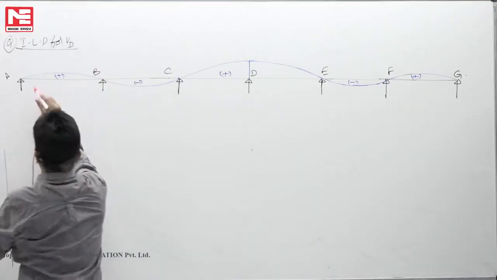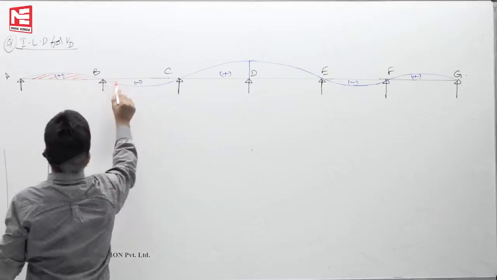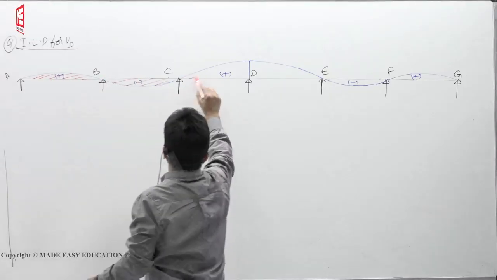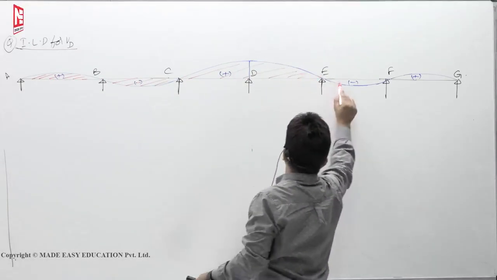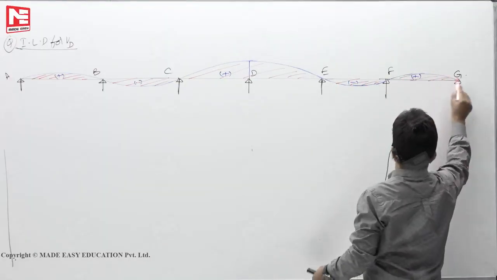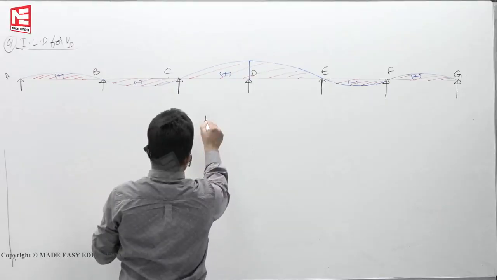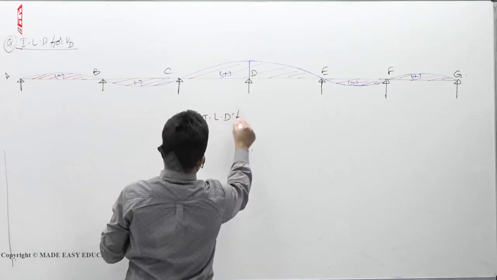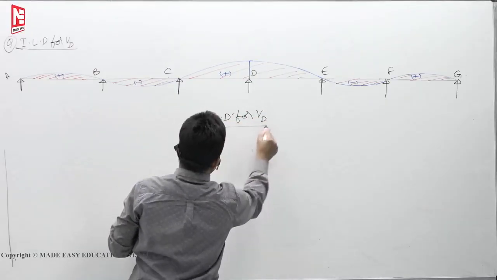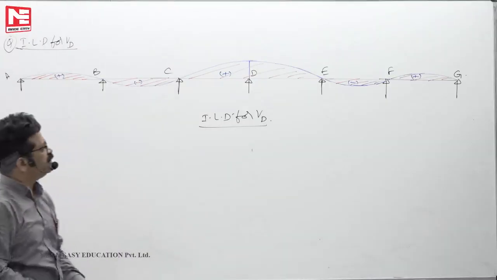Now this is the influence line diagram, ILD for vertical reaction at D. Okay.